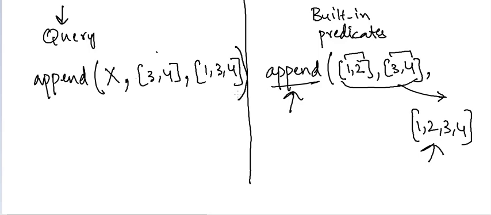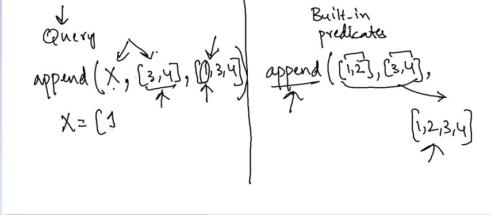We know that this final array is a result of these two arrays, right? So this is the second array, which means this element is basically equal to x. So x is equal to the first array, which has a single element 1 inside of it.